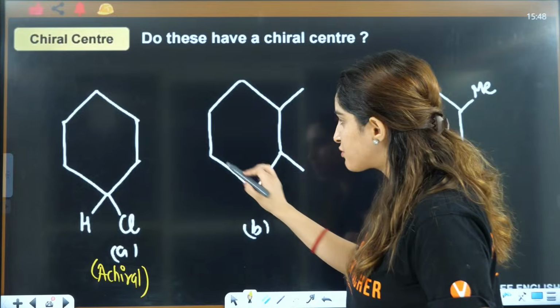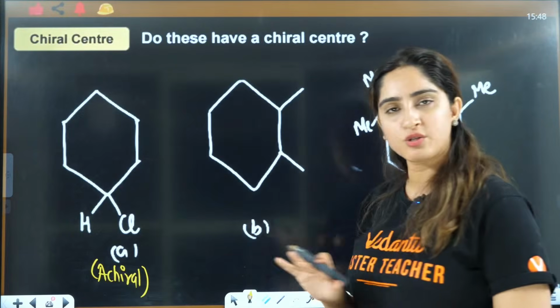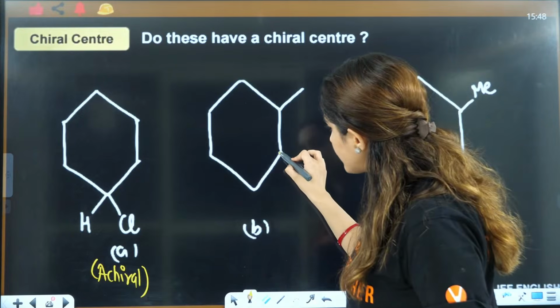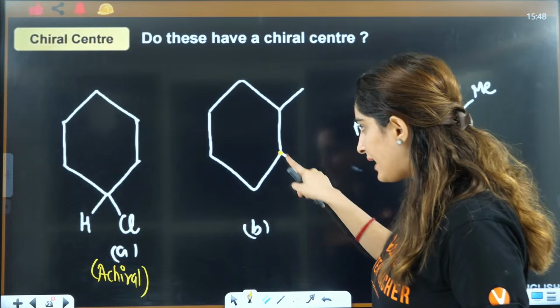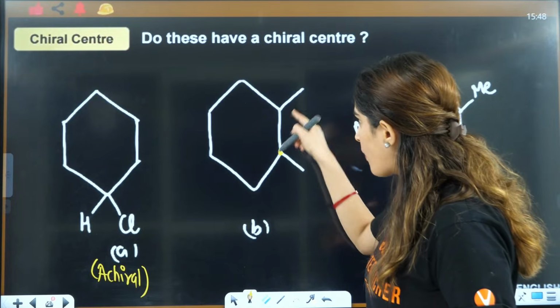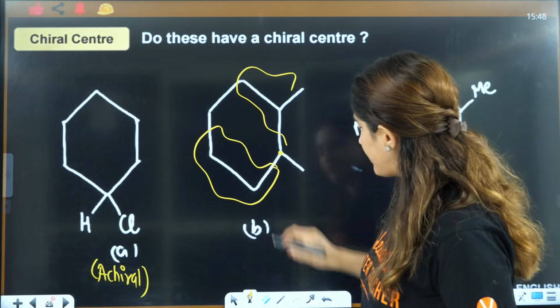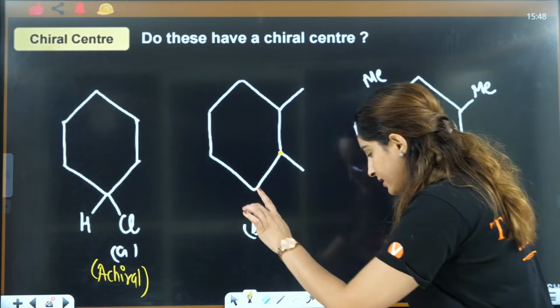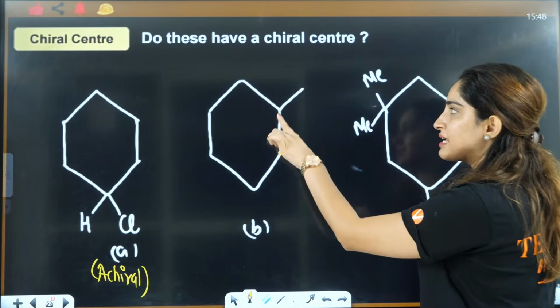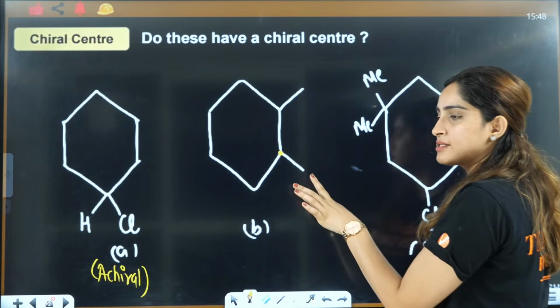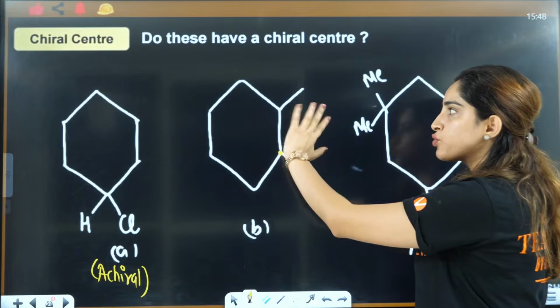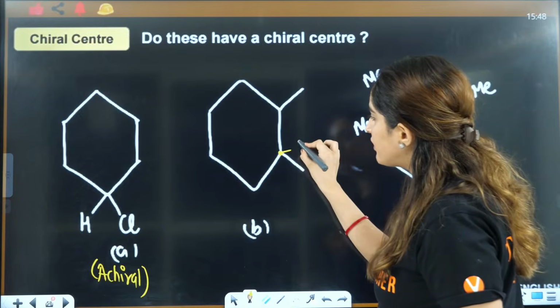This is 2 hydrogen, 2 hydrogen, 2 hydrogen, 2 hydrogen, so not possible. This carbon has 1 methyl, 1 this group, 1 this group. Now this group is different, this group is different. Why? Here you are getting CH2, here this is CH, CH3, CH2. So that means these 2 groups are different, and one will be hydrogen here.